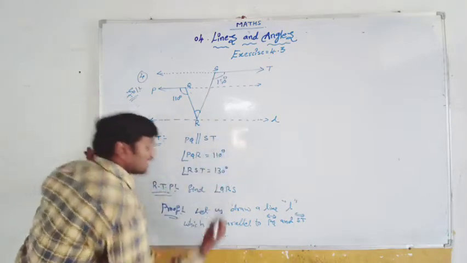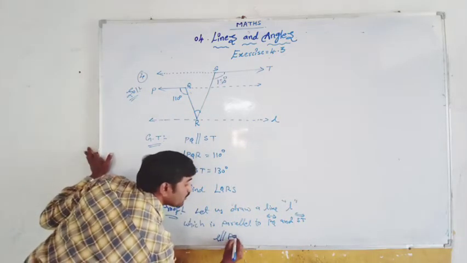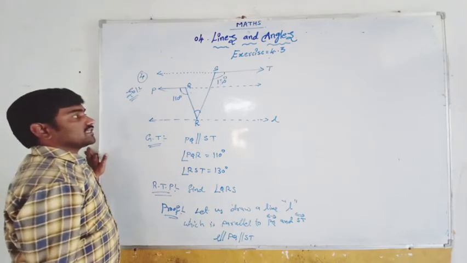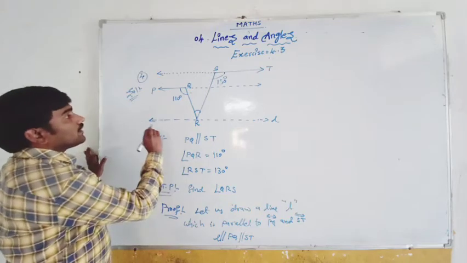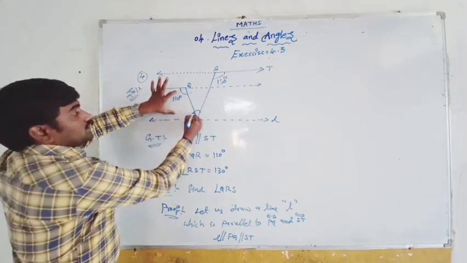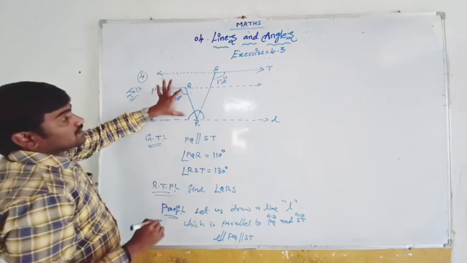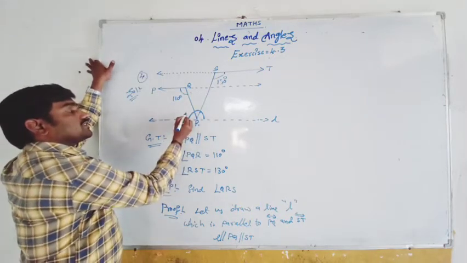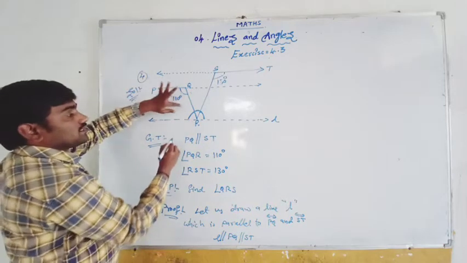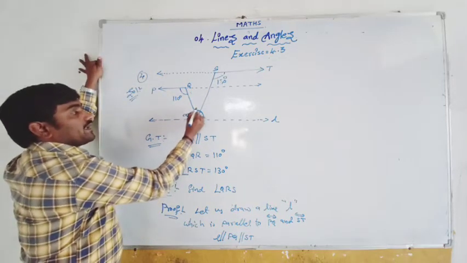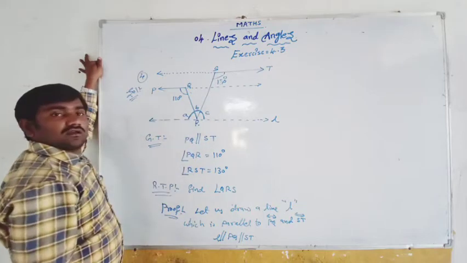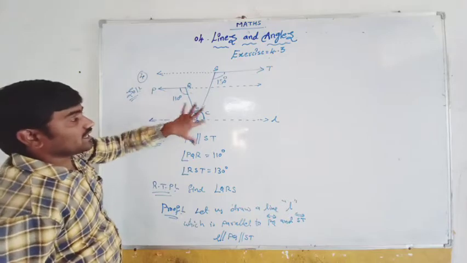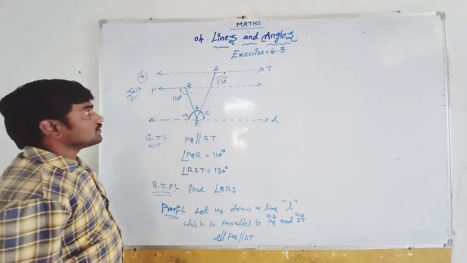So L is parallel to PQ, which is parallel to ST. So what happens in this case? Let us see. To be convenient, let us divide this angle at R into A, B, C.